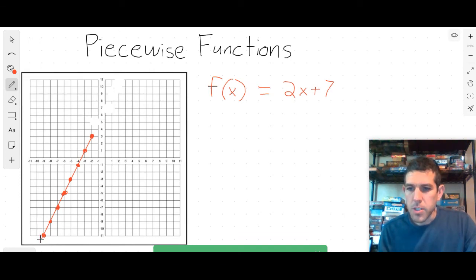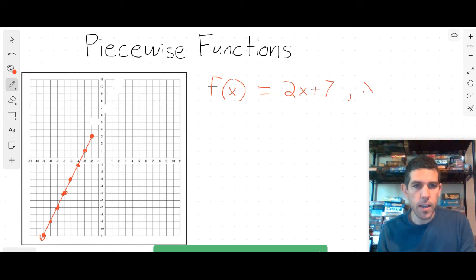The way we show that with our equation is we draw a little comma after the function, and then give the domain where we use this function. In this case, we started from negative infinity and stopped when x was at -2.